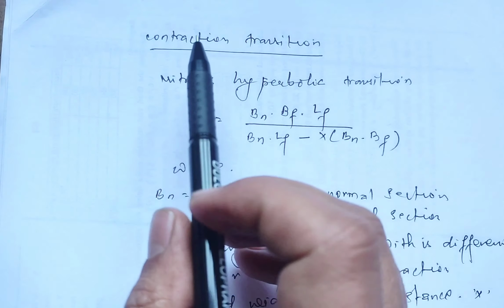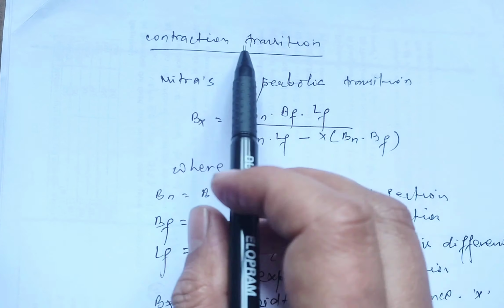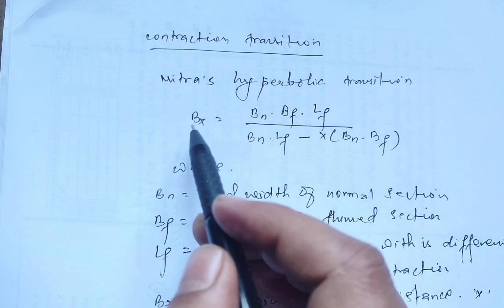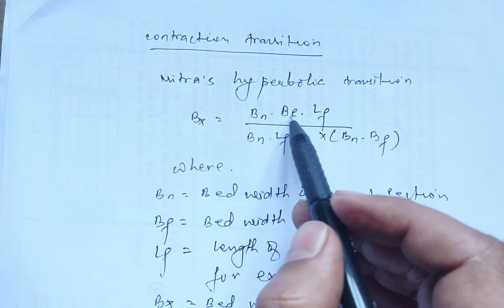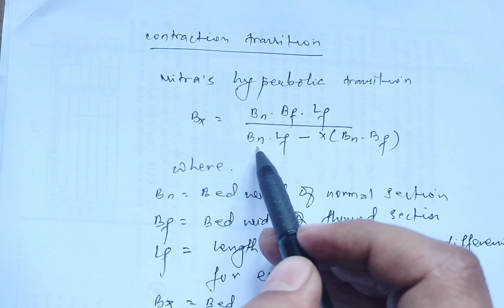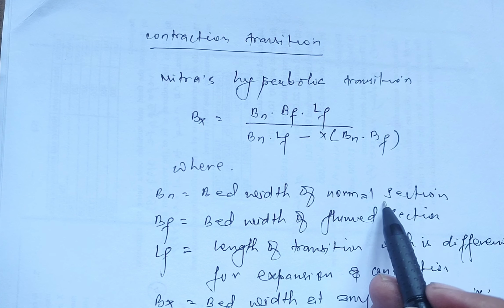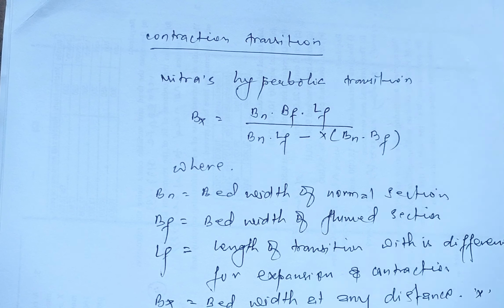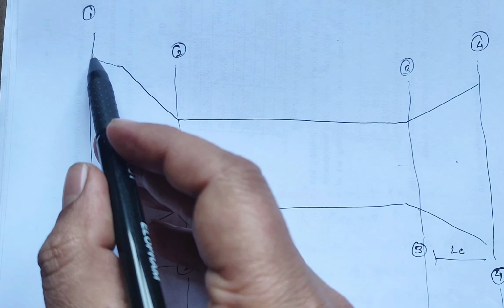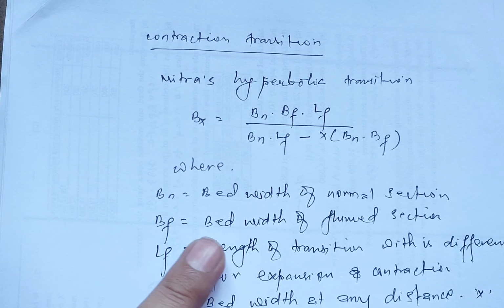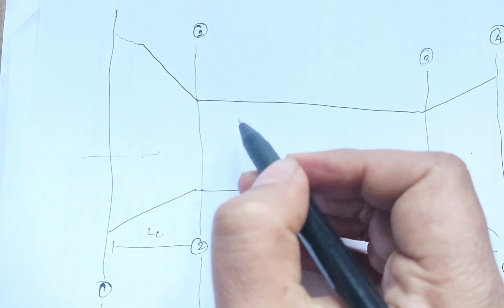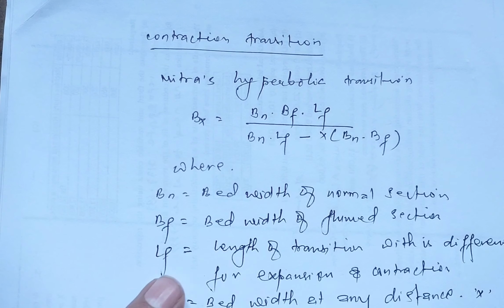So first we'll find the width at the contraction transition using Mitra's hyperbolic formula, that is Bx equals Bn times Bf times Lf divided by (Bn times Lf minus x times (Bn minus Bf)), where Bn is the bed width of the normal section, Bf is the bed width of the flume section, and Lf is the length of transition from expansion to contraction.